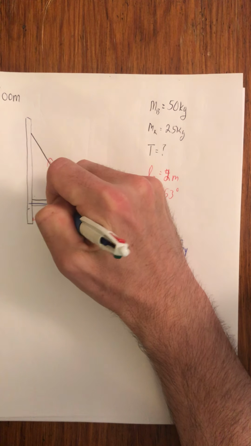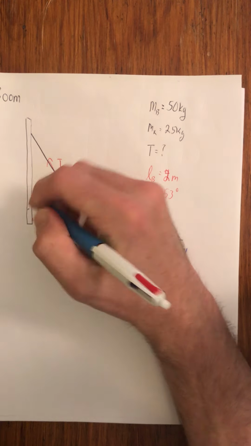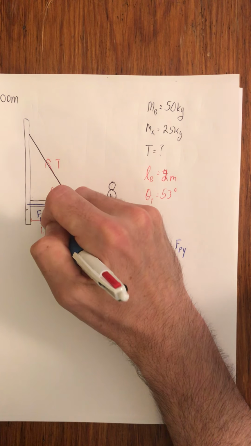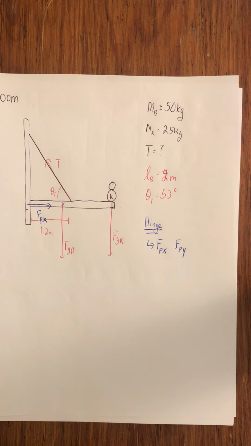Therefore, it would make sense if the hinge force here in the x direction was pushing out. You can almost think of it like a normal force, because that's really what hinge forces are, because there's going to be a lock and pin, and the boom is going to be pressed up against that pin in some way, shape, or form, producing a normal force. But we'll just call them hinge forces for now.